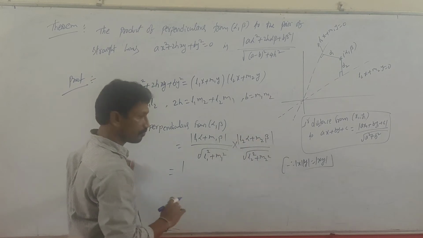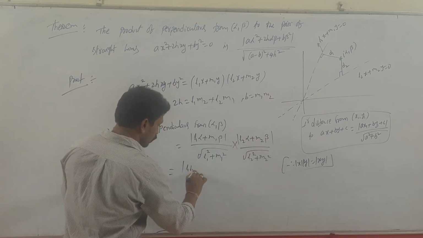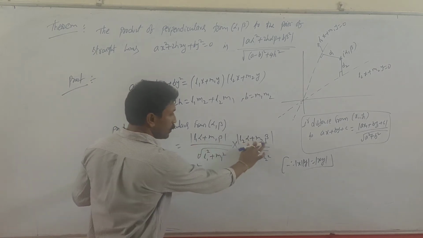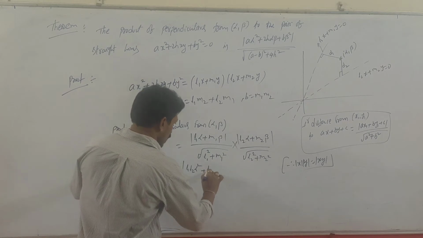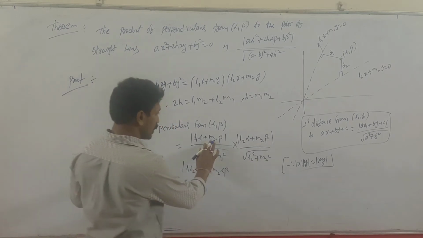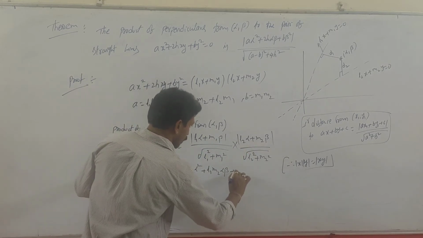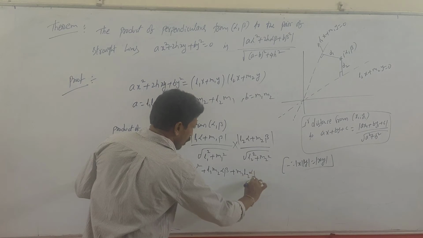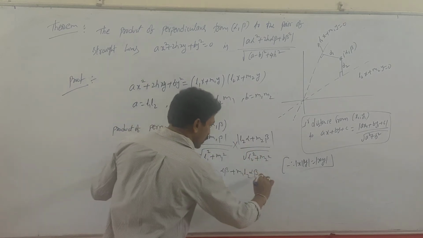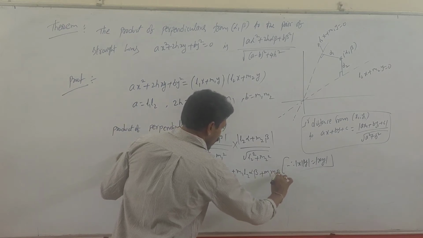Directly you multiply. So L1 alpha into L2 alpha, L1 L2 alpha square. L1 alpha into M2 beta, that is L1 M2 alpha beta. Next M1 beta into L2 alpha, same you can write as plus M1 L2 alpha beta, plus M1 beta into M2 beta, that is nothing but M1 M2 beta square.